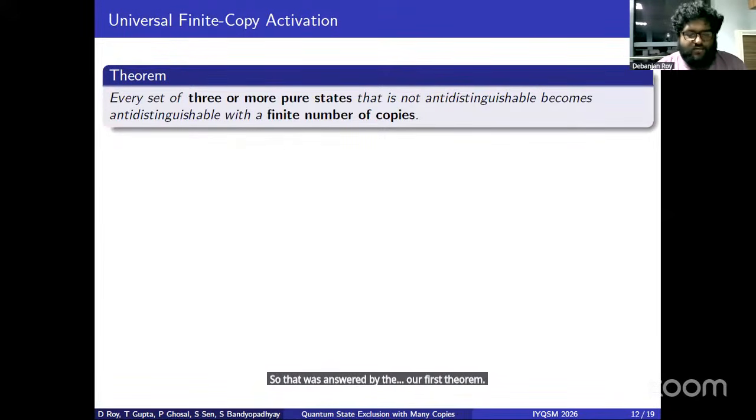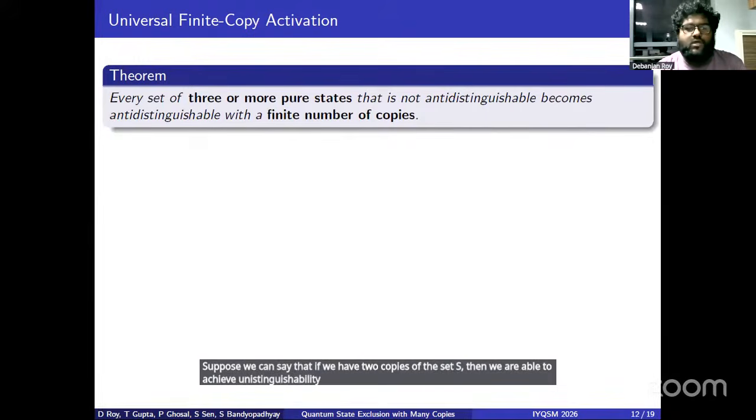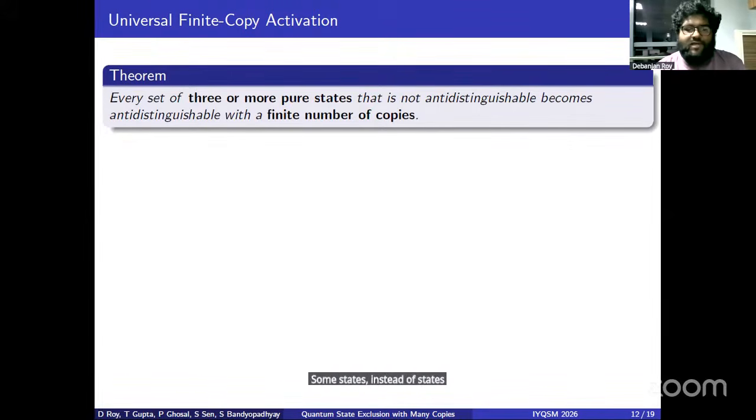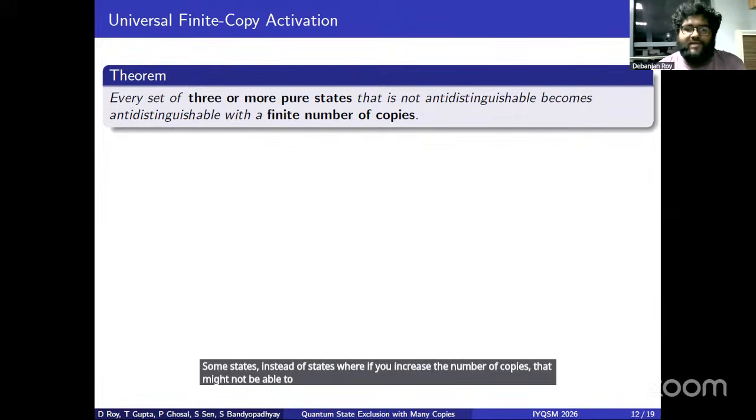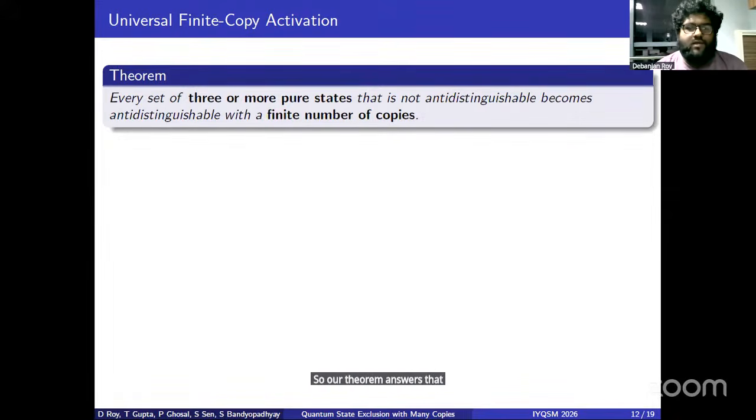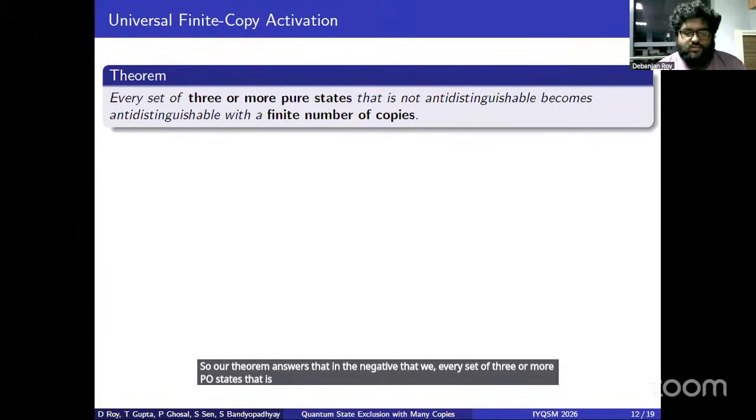Suppose we have 2 copies of the set S, then we are able to achieve anti-distinguishability or state exclusion. So increasing the number of copies helps, but does there exist some set of states where increasing the number of copies might not achieve anti-distinguishability? Our theorem answers that in the negative: every set of 3 or more pure states that is not anti-distinguishable in the single copy becomes anti-distinguishable with a finite number of copies.